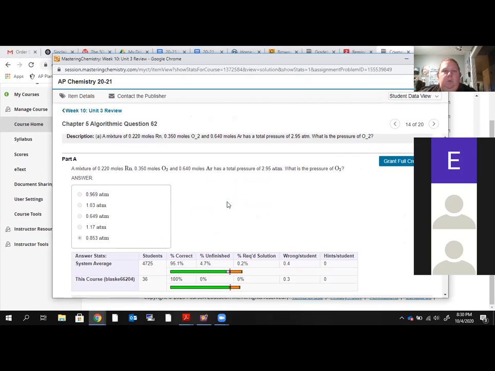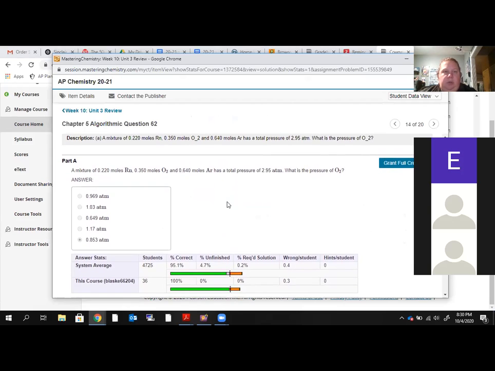Was the math just not working out? Yeah, I just couldn't figure out how to do it. Okay, so this is one of the Dalton's Law of Partial Pressures questions. Since they're giving us moles, we can find our mole fraction. So I'd add up 0.220 plus 0.350 plus 0.640.